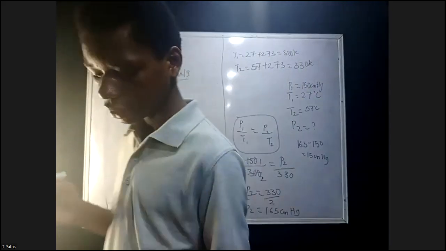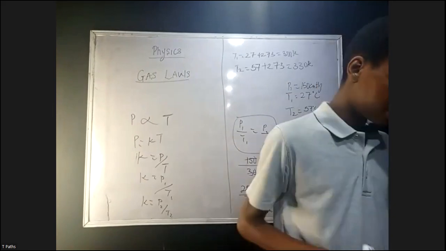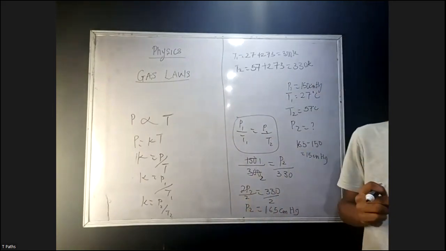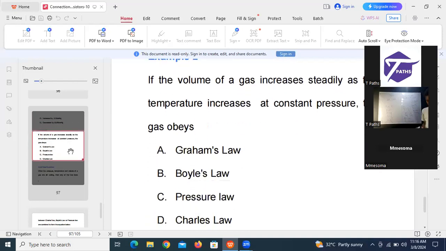Example 2 says, if the volume of a gas increases steadily as the temperature increases at constant pressure, the gas obeys A, Graham's law, B, Boyle's law, C, Pressure law, D, Charles' law. So now the question says, the volume of a gas increases steadily as the temperature increases at constant pressure.